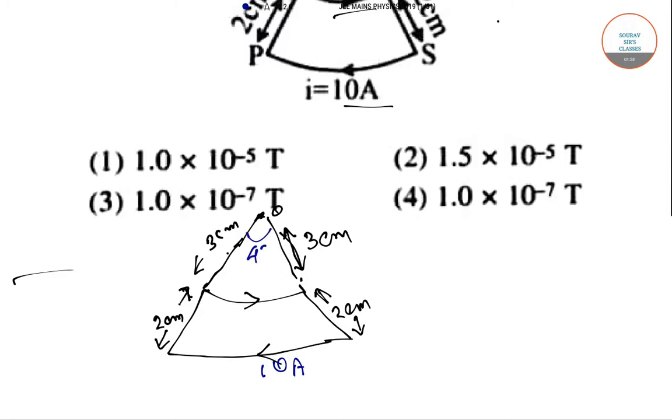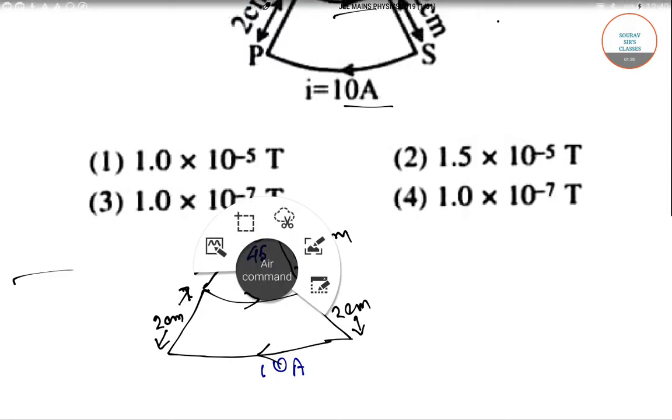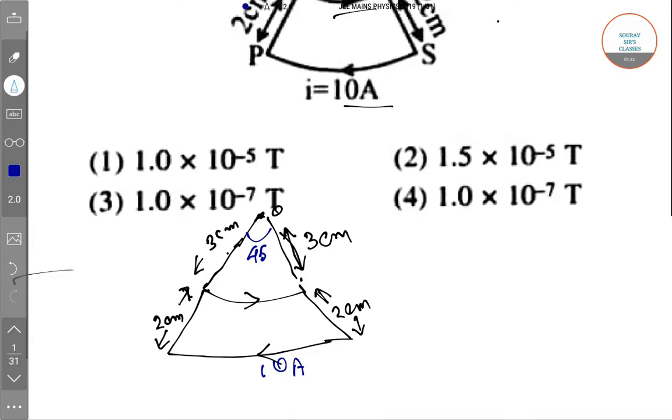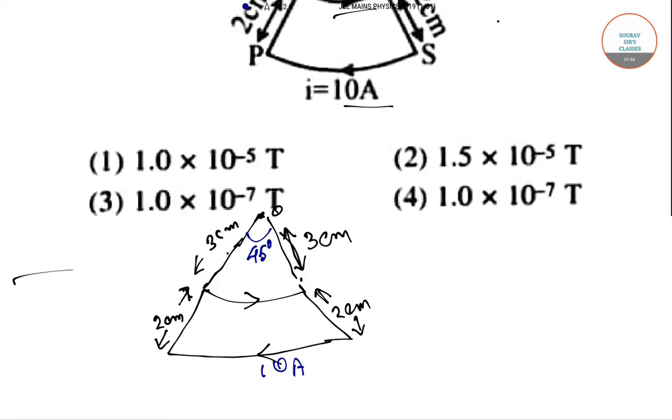The angle is 45 degree. So the magnetic field B can be written as mu 0 I by 4 pi into theta into 1 by R1 minus 1 by R2 in k cap.